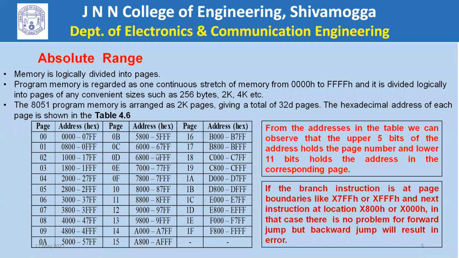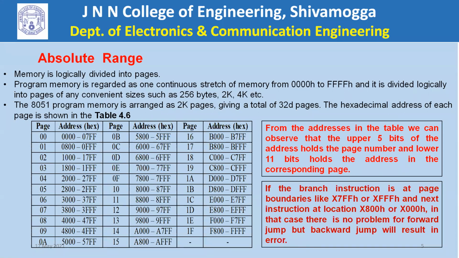So you can just see 14th page. 14 means 0E. Whatever example I have taken, 7563 is falling in this range, 7000 to 77FF. Within that range I have taken the example as 7563.